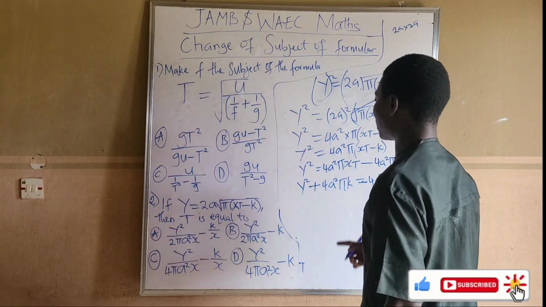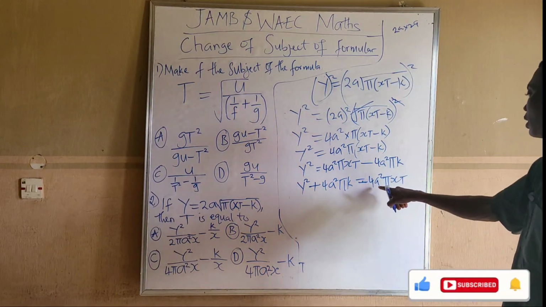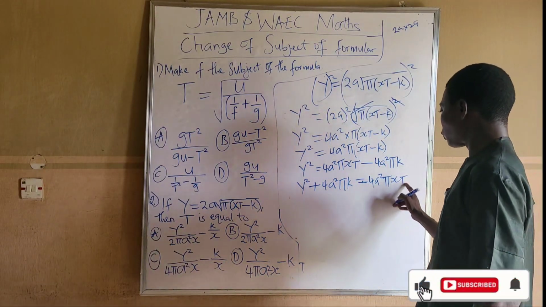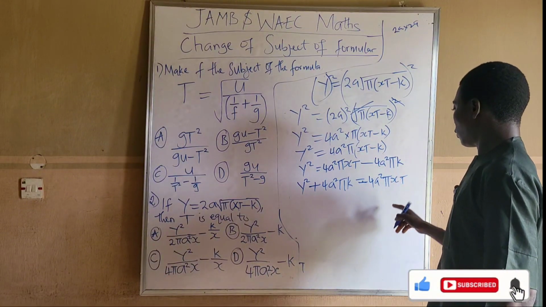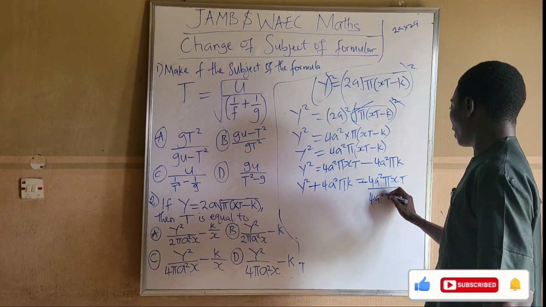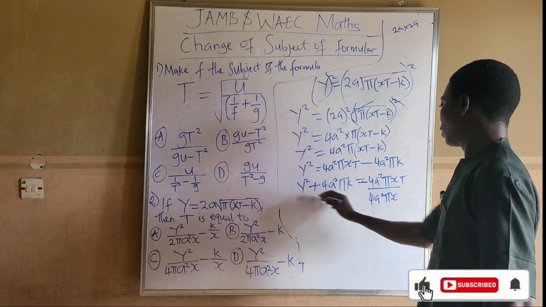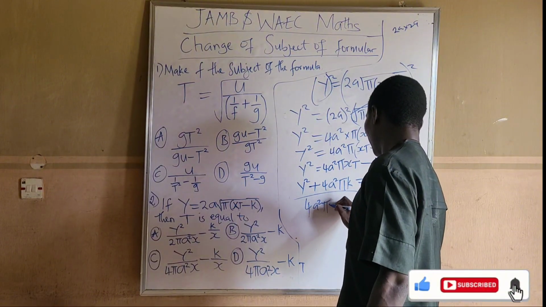All right, have you gotten that? Next thing to do is to do what? To divide both sides by the coefficient of t. What are those things besides t? We have this 4a squared pi x over 4a squared pi x.